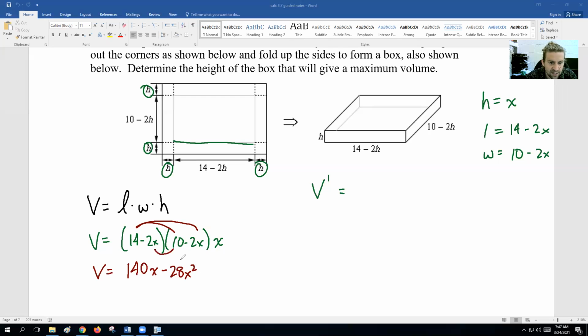Negative 2X times 10 is negative 20X, times X gives X squared. Negative 2X times negative 2X is a positive 4X squared, times X makes X cubed. So the volume formula we could rewrite as 4X cubed minus 48X squared plus 140X.